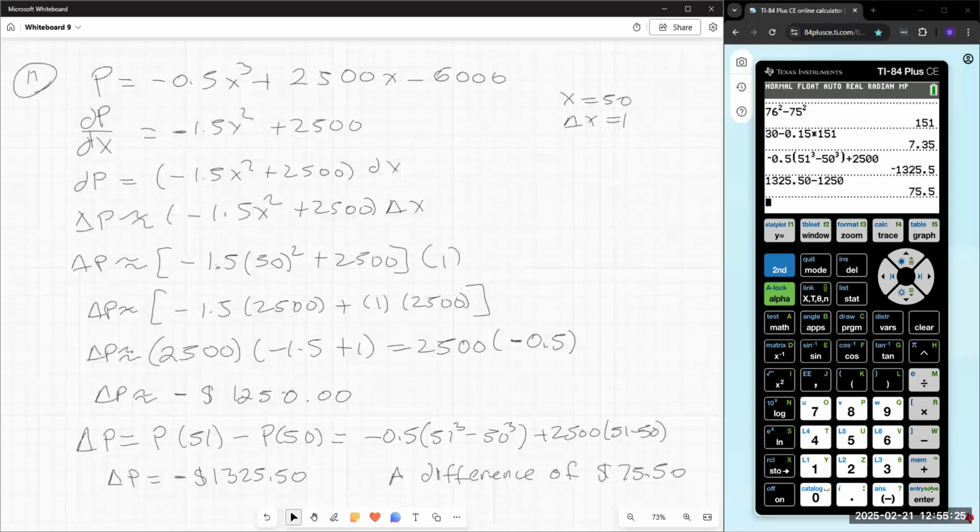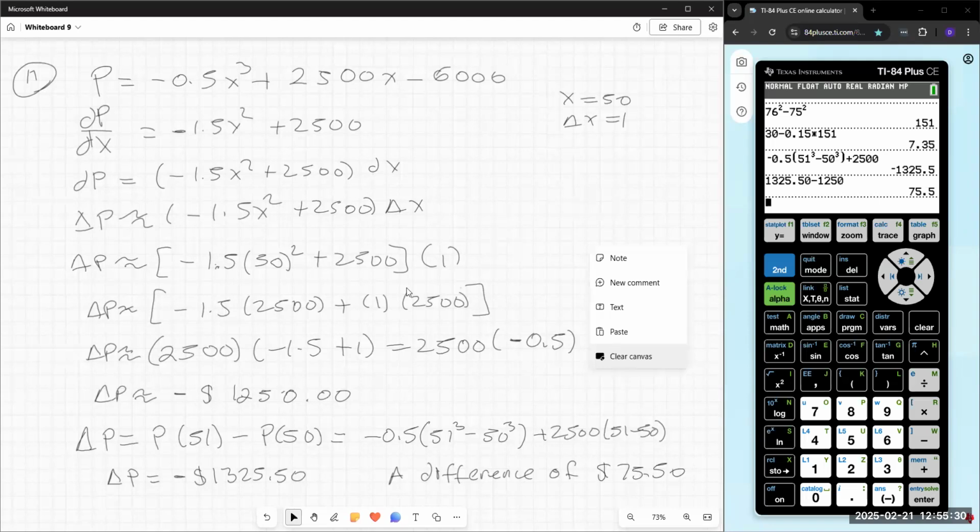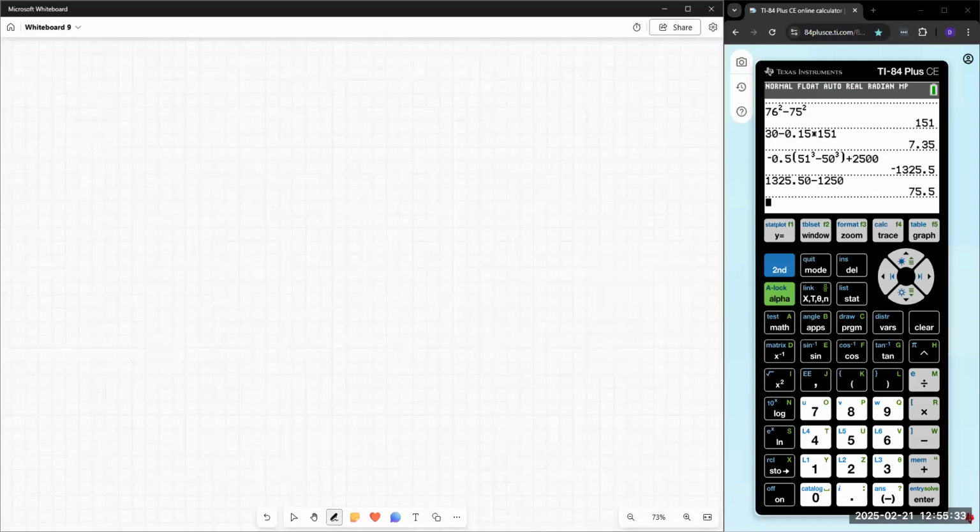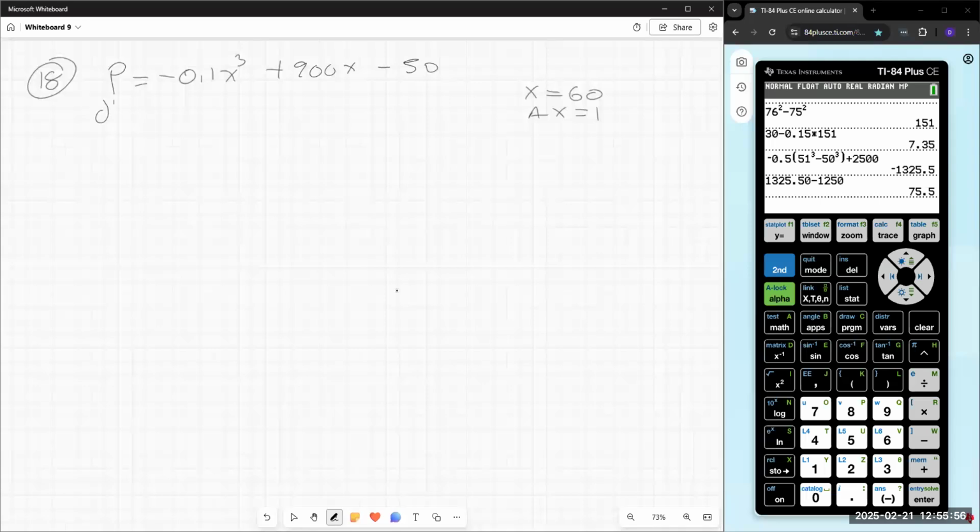Now at number 18. 18 gives us a profit function of negative 0.1x cubed plus 900x minus 50, an initial x value of 60, and a delta x that is equal to 1. dP/dx is equal to negative 0.3x squared plus 900.